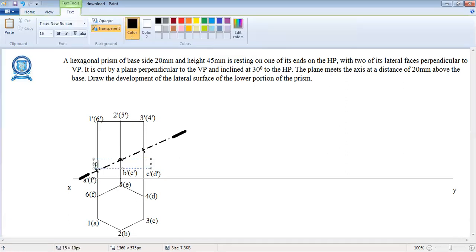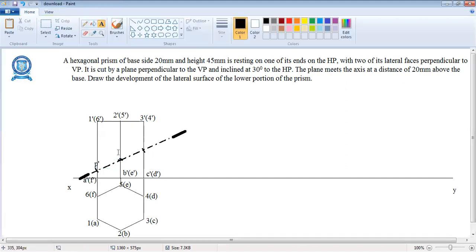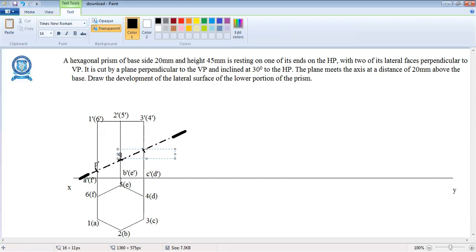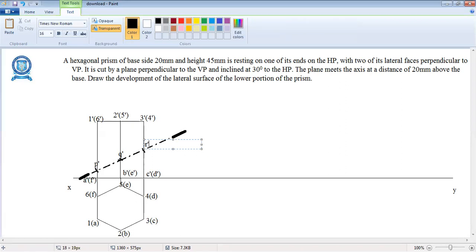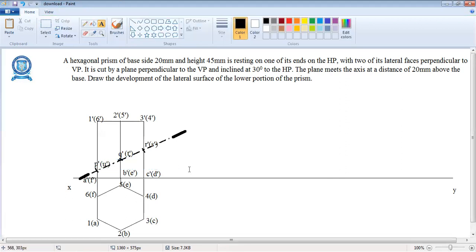The first point is P dash, second point is Q dash, third point is R dash, and the next points, so the cutting points are P, Q, R, S, T, U.